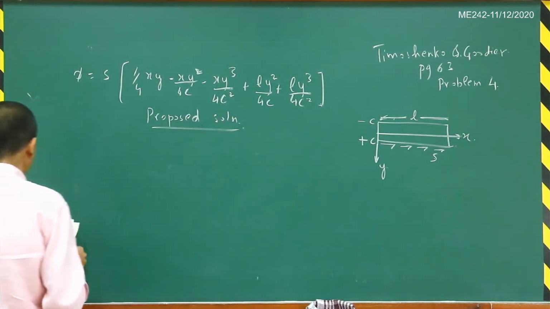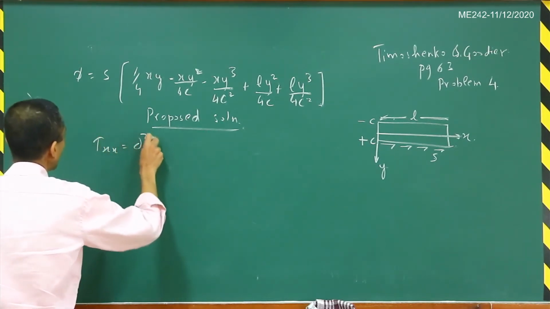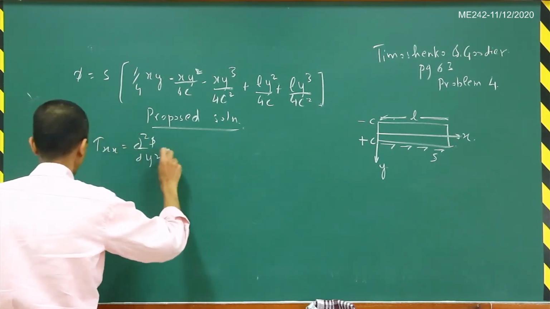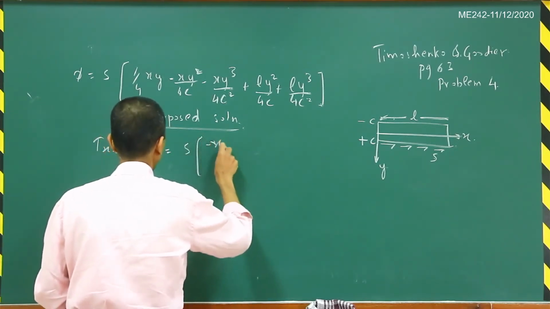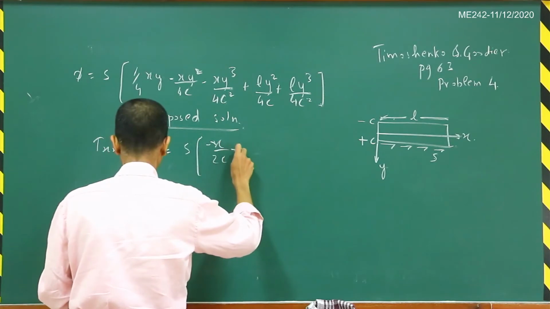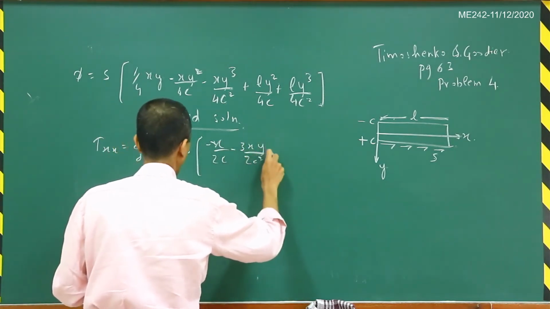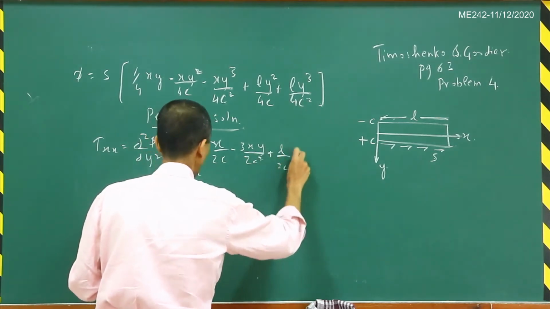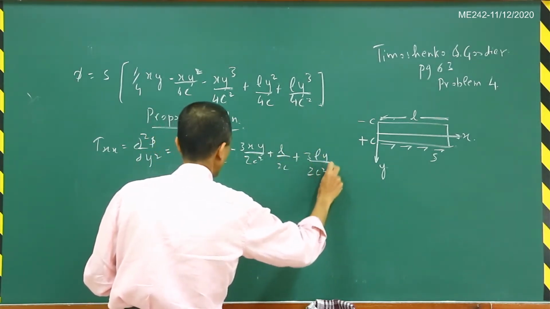Fine. So now first, tau xx is equal to del square phi by del y square. That is equal to s times minus x divided by 2c minus 3xy divided by 2c square plus L by 2c plus 3Ly divided by 2c square.